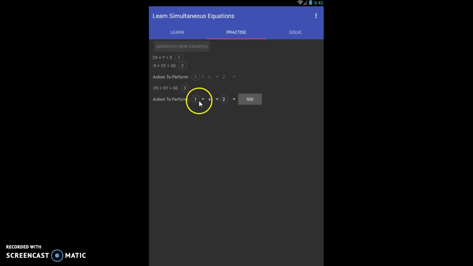So we have equation 1 selected here, plus sign selected, and we select equation 3 here. Click Go. So 2x minus 2x is 0. 1y plus 6y is 7y. And 3 plus 60 is 63.